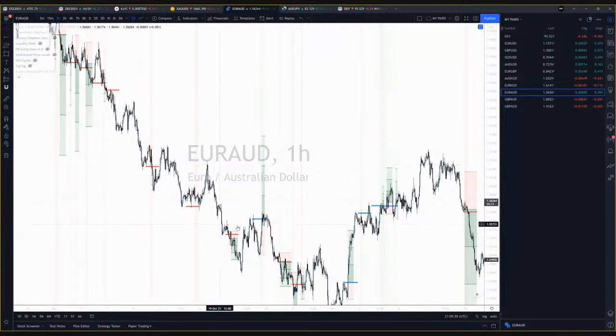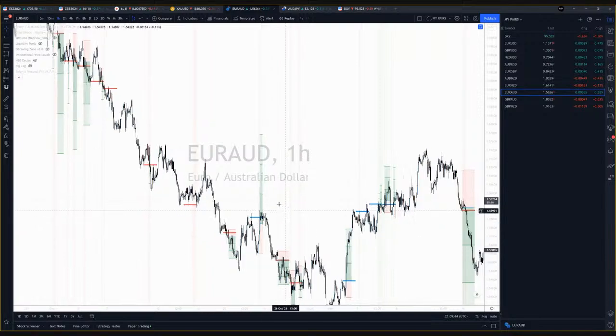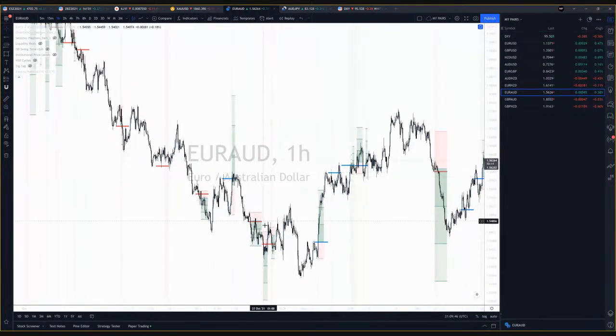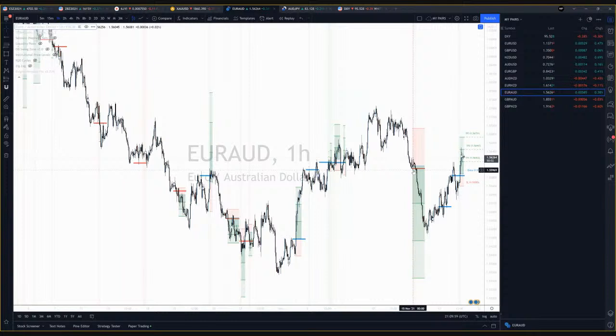And then we had a blue, and then a red again, and then a red. What's that telling you? Price is bearish. And then all of a sudden we have a blue, blue, blue, blue. What is that telling you? Price is bullish. And then we had a red, and then 2 days ago we had a blue, and I think today we had a blue.